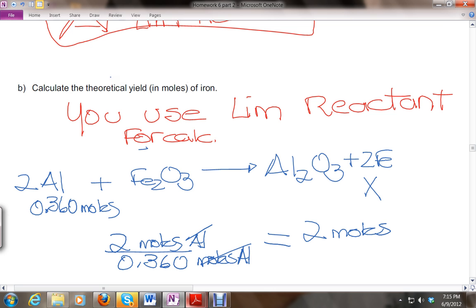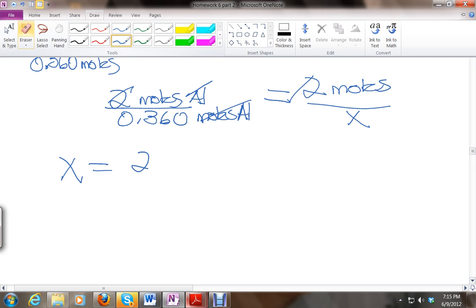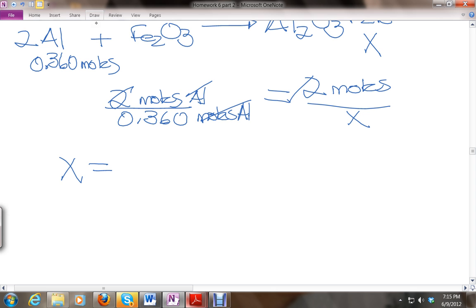And by the way, they're asking you for moles. You don't need even to convert it. So X is equal, 2 and 2 cancel out, so you're going to have the same: 0.360 moles of iron.